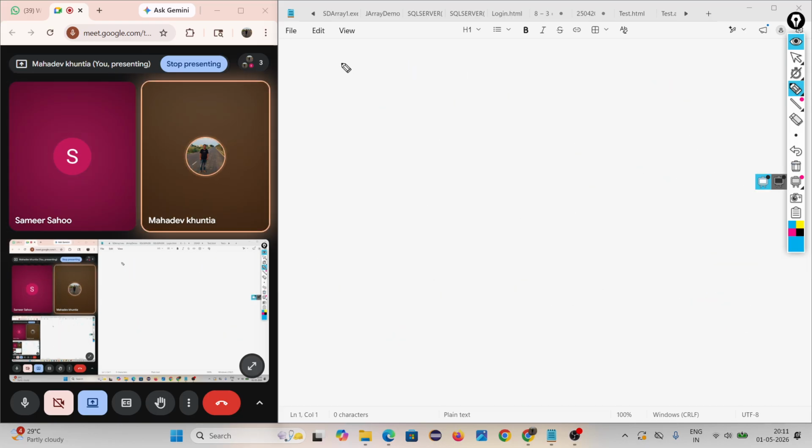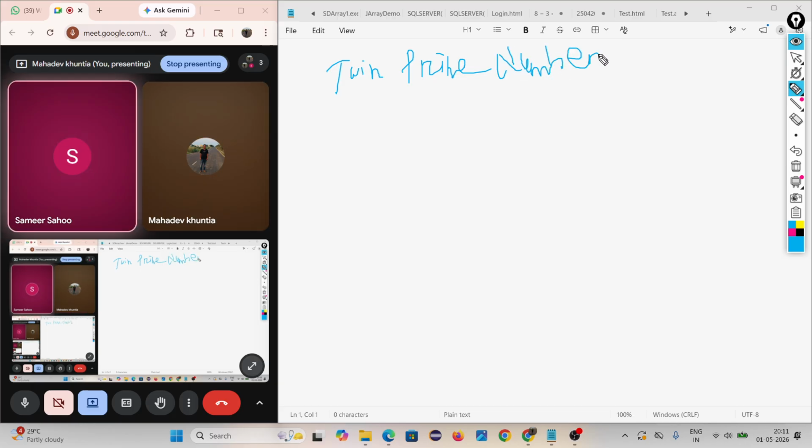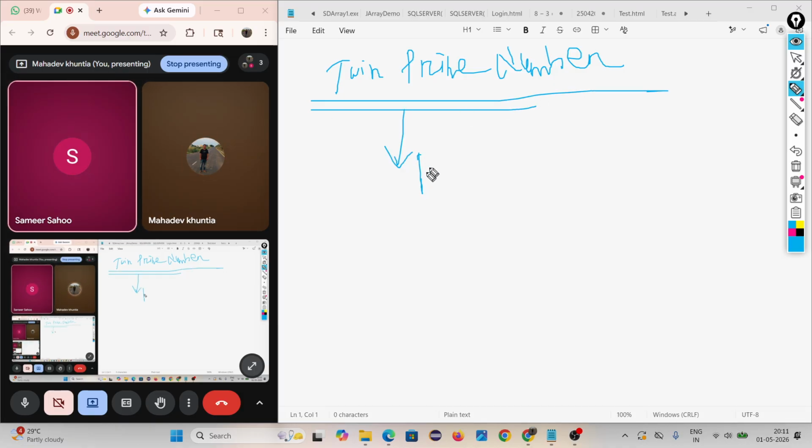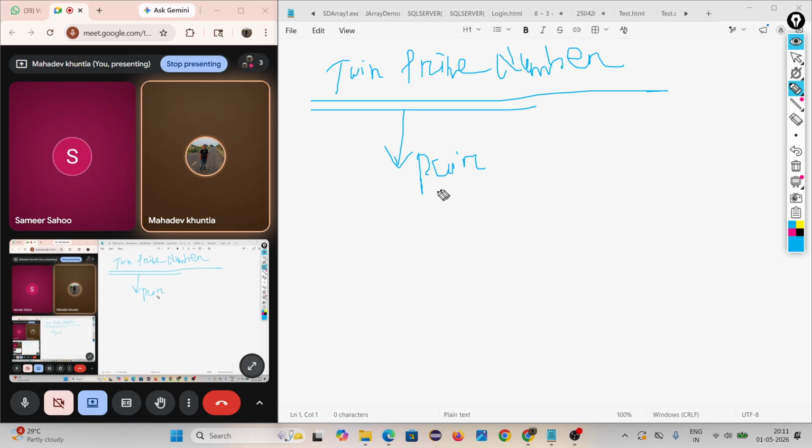Then the next concept, twin prime. It is one new type of number. Here it should be prime numbers. Means first it should be given in a pair and it should be prime.